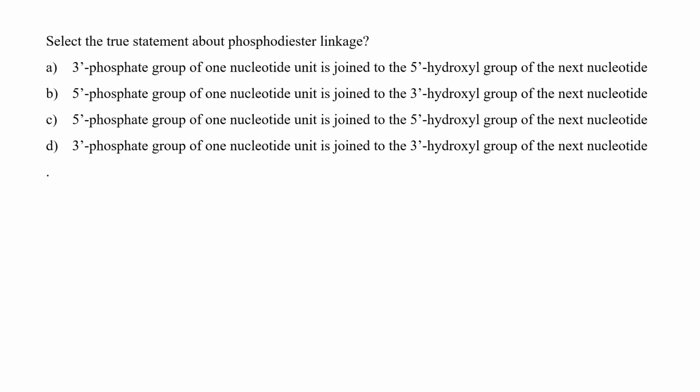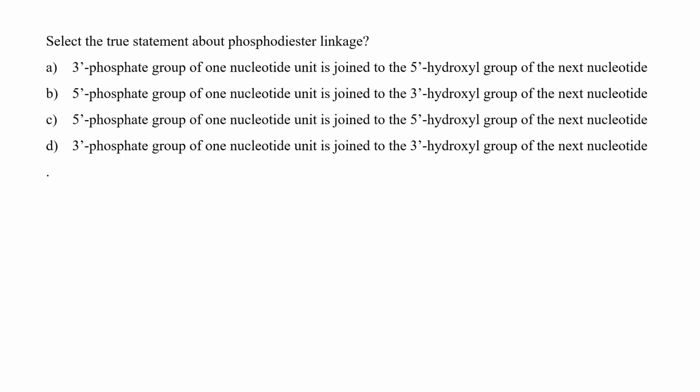3' phosphate group of one nucleotide unit is joined to the 5' hydroxyl group of the next nucleotide. 5' phosphate group of one nucleotide unit is joined to the 3' hydroxyl group of the next nucleotide. 5' phosphate group of one nucleotide unit is joined to the 5' hydroxyl of the next nucleotide, or 3' phosphate of one nucleotide unit is joined to the 3' hydroxyl of the next nucleotide.